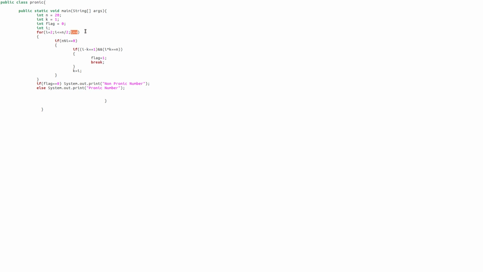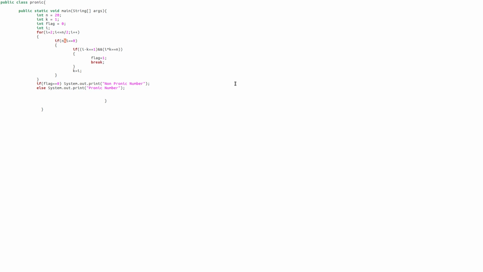Let's come inside the for loop and check our first condition: if n mod i is equal to 0. This condition has been written to check whether n is divisible by i. I want you to take notice that here we are using mod division. Mod division means that the remainder should be 0 to check whether the number is divisible by i.